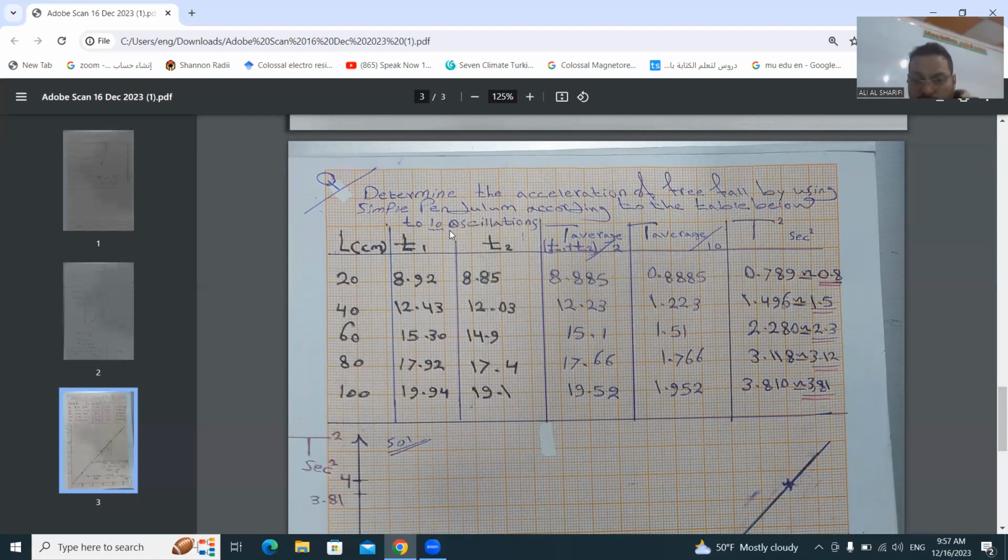You must be careful with this statement to know which number you will divide the T average by. I will give you the first 3 columns, 1, 2, 3, and after that you will complete the other results alone.